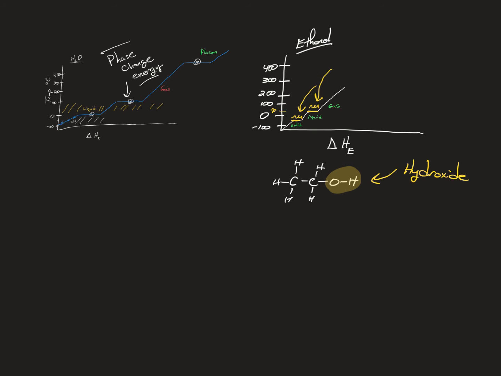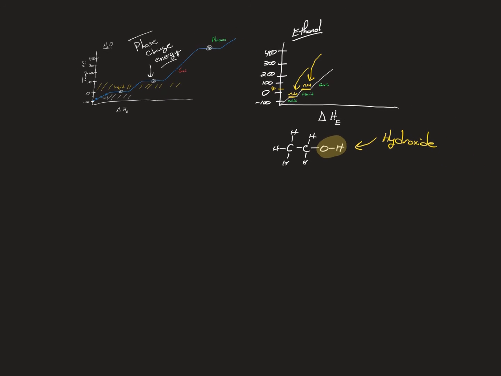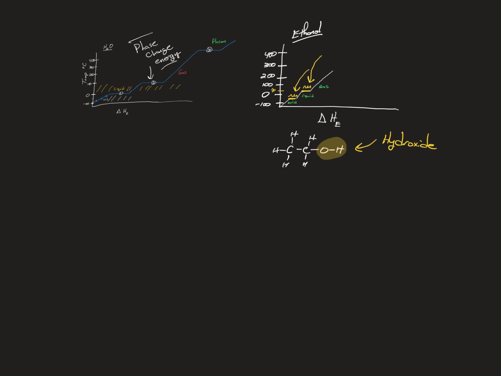So that's really key. Now there's another we can look at. This is a polar molecule here. This is nonpolar. Well, it's not nonpolar, it's kind of in between. Let's say less polar. And then you have a molecule that's nonpolar.